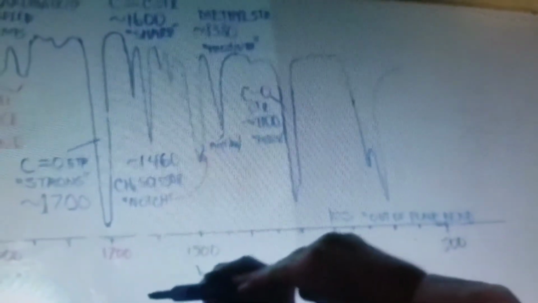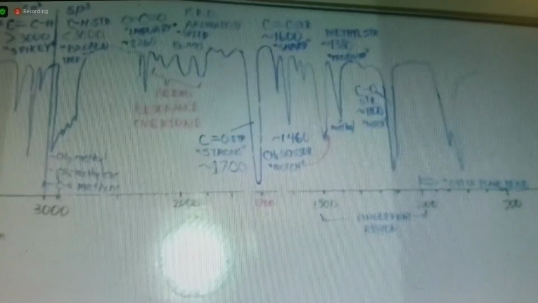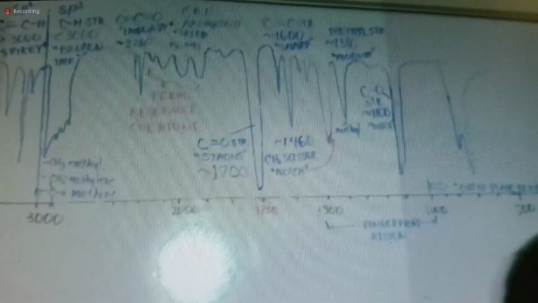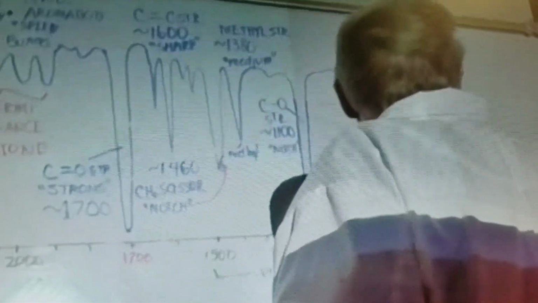And as you know, those things are planar. They're flat. So it's hydrogen bending in and out of the plane of the ring or the double bond. So once again, out of plane bend implies that it's planar, and they are.